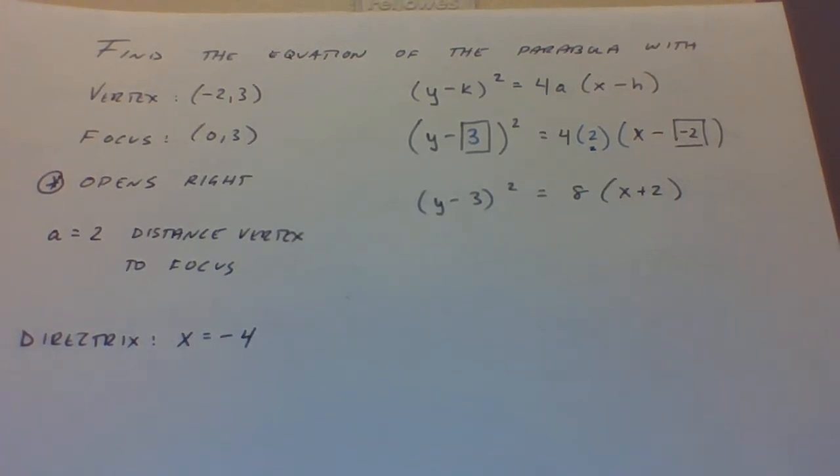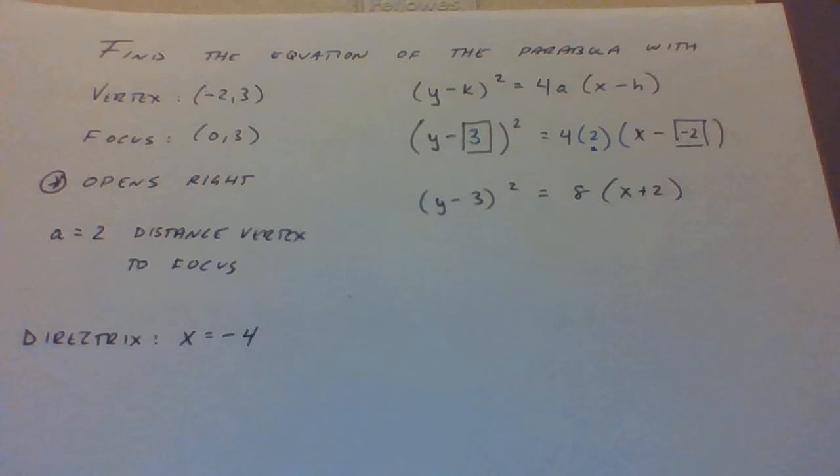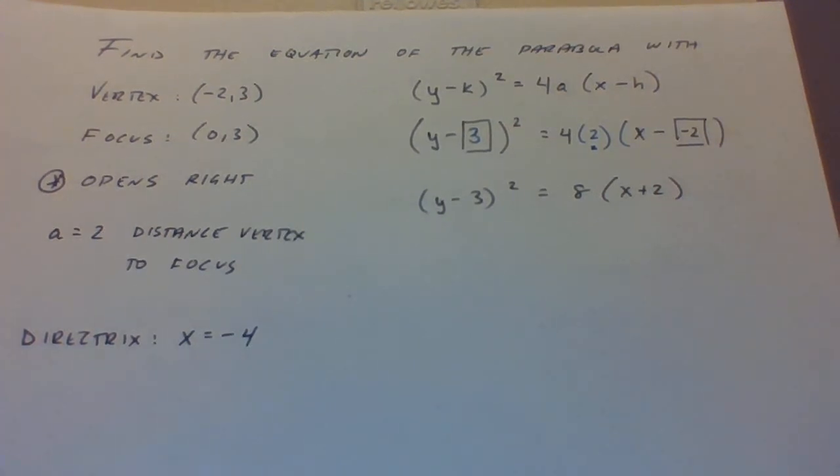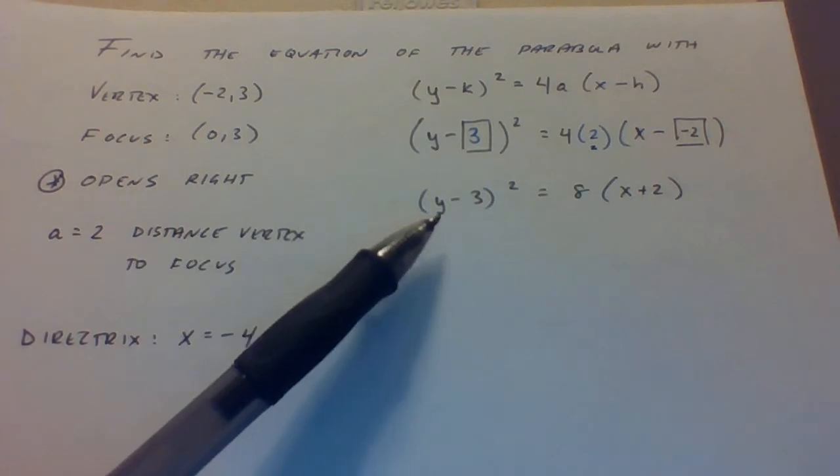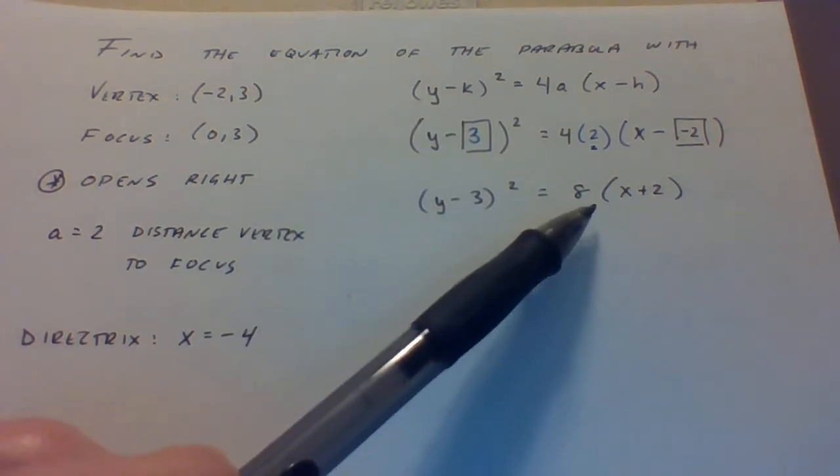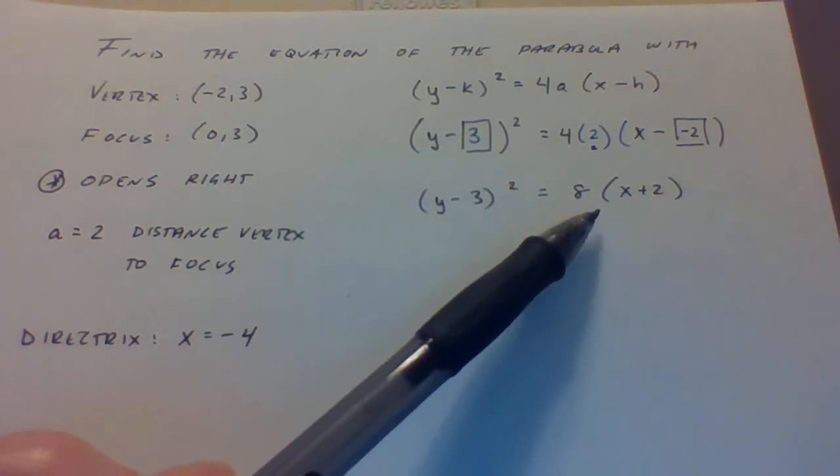Now, we still need to go find a couple points so we can still plot the rest of our parabola. And just like before, I want to go back and use my focus in order to assist me in getting those points. The question always comes up, do I use the x value or the y value off my focus? Well, that becomes a very easy answer. If you take a look at your equation here, you always want to use the non-squared side.